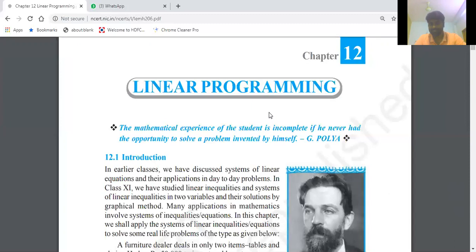In 11th class we discussed linear inequalities: linear inequalities in one variable and linear inequalities in two variables, and we solved some problems. From that we solved long answers also in different exams in class 11. Hope you can recall that. Clear? In this chapter, linear programming, we are going to recall all those previous concepts which we learned in class 11.